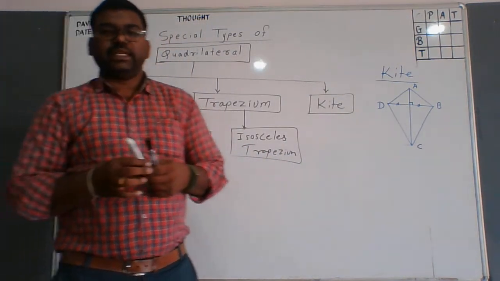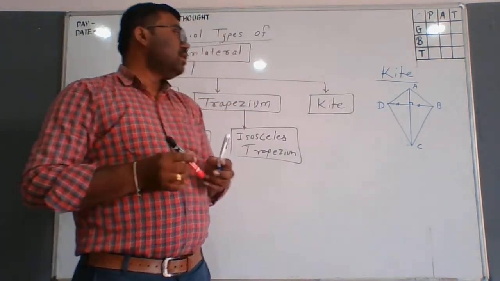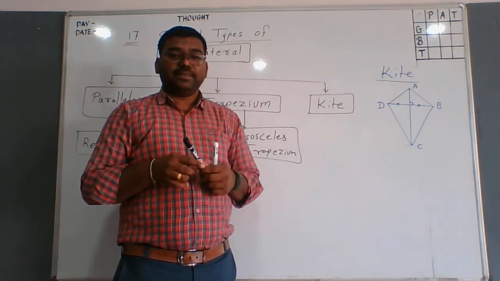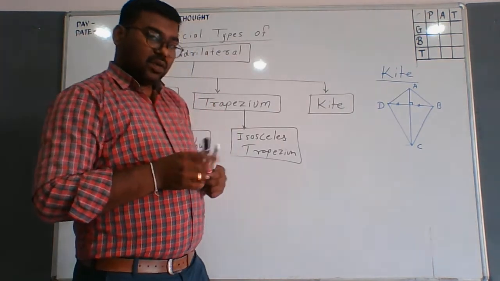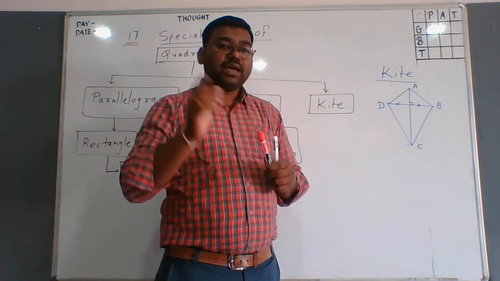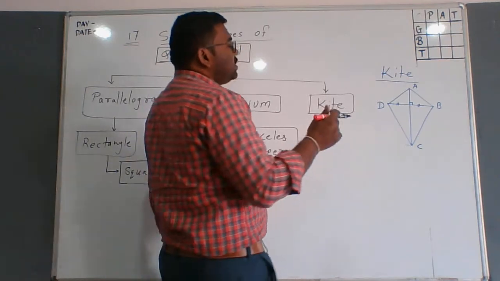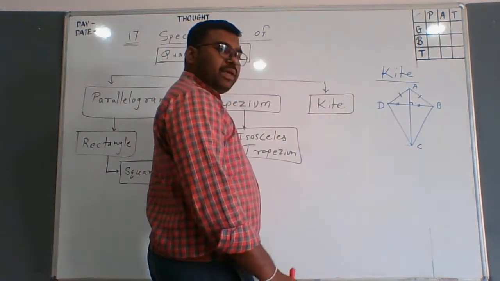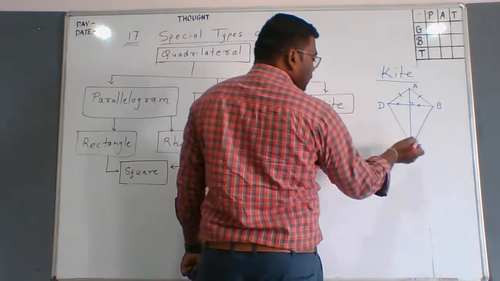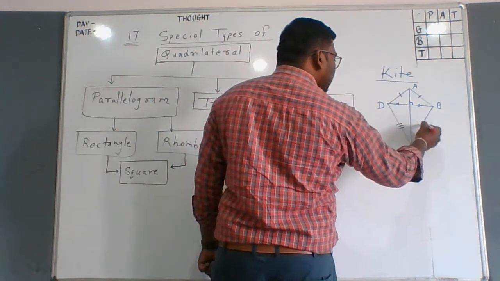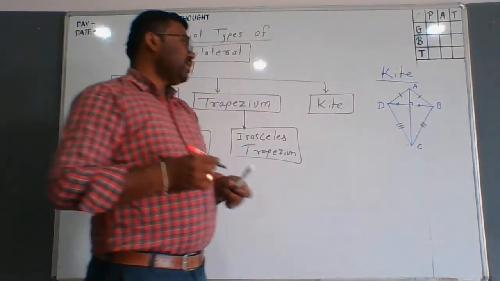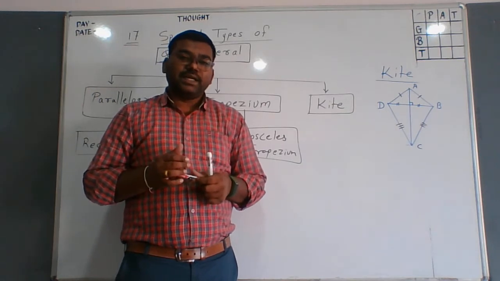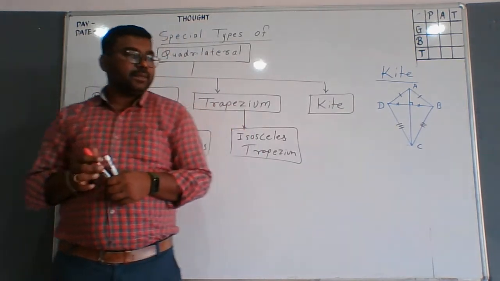Okay. So basically in the kite what happens here? Adjacent sides are equal in it. Adjacent sides, not the opposite sides. What am I saying? Adjacent sides. Adjacent sides means what? AD equals AB and also CD equals BC. This is the first property. Adjacent sides are equal.